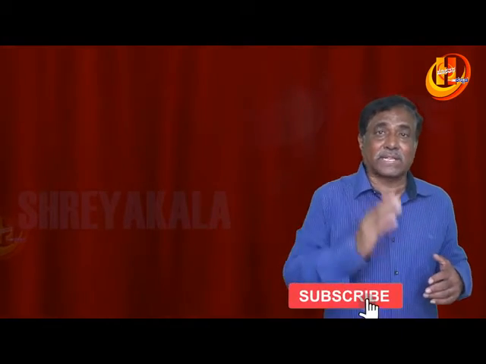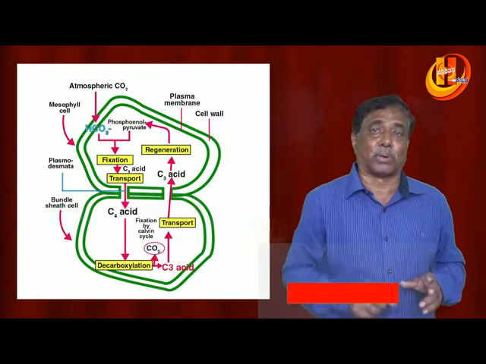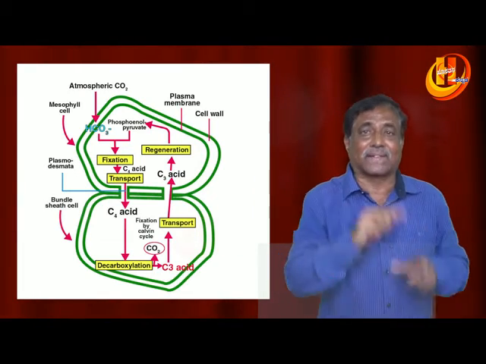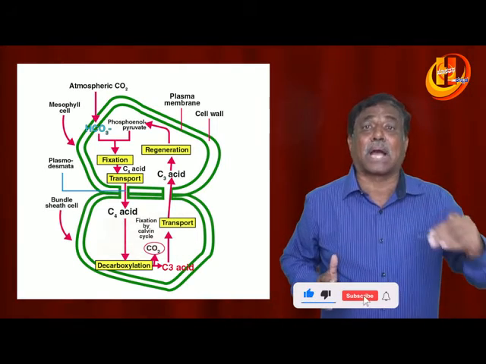Whereas in a few plants, in the majority of monocots, especially in Zea mays, the first stable carbon compound produced is a C4 compound, oxaloacetic acid, maybe malic acid or aspartic acid. This pathway is called the C4 pathway. This takes place in the presence of the enzyme PEP carboxylase.